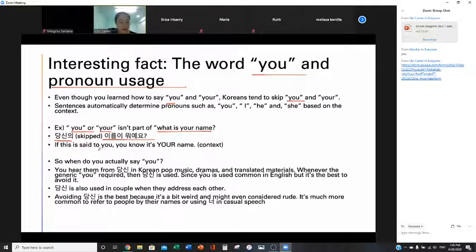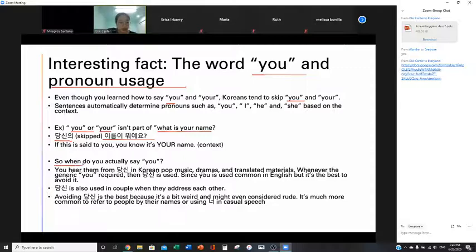If this is said to you, you know it's your name from the context clue. Whenever they ask you "what is your name," you already know you're being asked by the person. So you can skip the pronoun because you know what they are talking about.